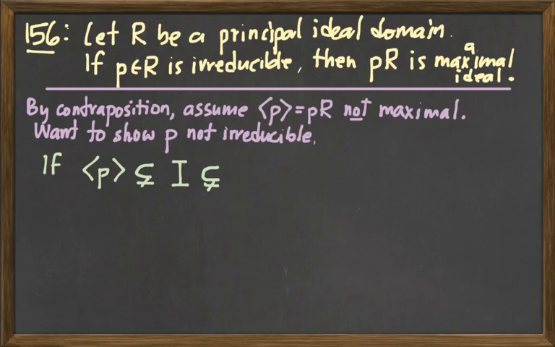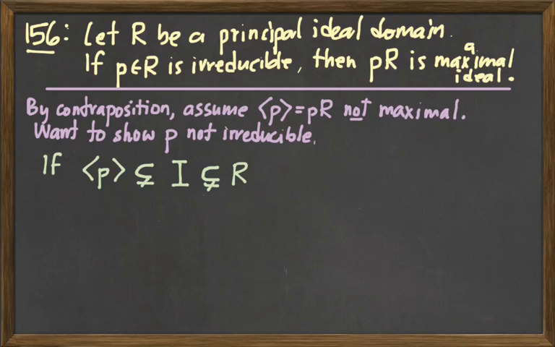Well, the definition of maximal is that an ideal is maximal if any set that it is contained in, that it's a subset of, has to either be the whole ring, or it has to be that subset itself. So if it's not a maximal ideal, that means that there exists some ideal that it is a subset of that is not equal to the whole ring.